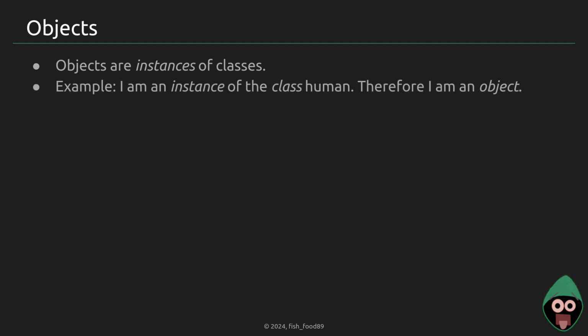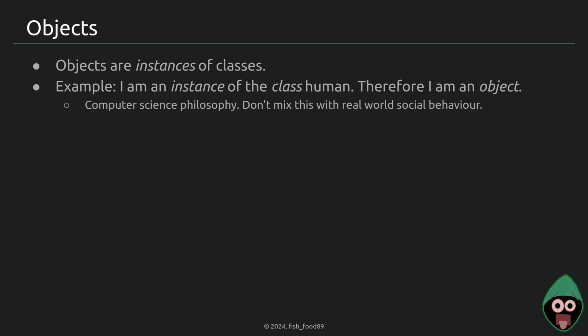So for example, I, me, myself here, am an instance of the class human. Kind of makes sense, right? Therefore, I am an object. Yeah, computer science philosophy, okay? Don't mix this with real-world social behavior.